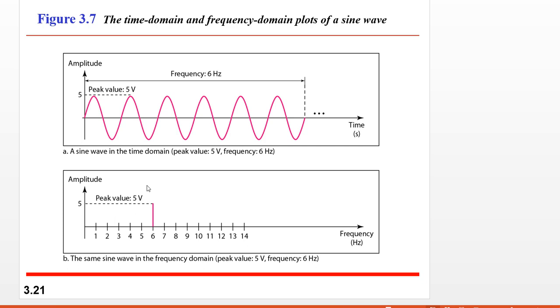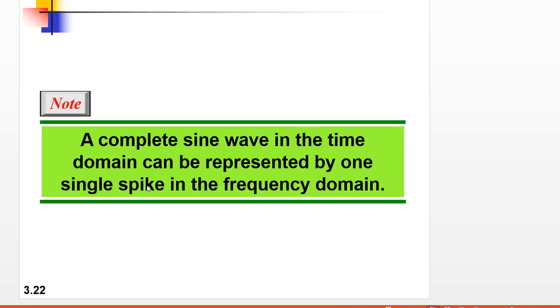That is the difference between the time domain and the frequency domain. Any sine wave of any frequency, maybe 6 hertz, 7 hertz, 8 hertz, megahertz, kilohertz, whatever, can be plotted with a single spike in the frequency domain.